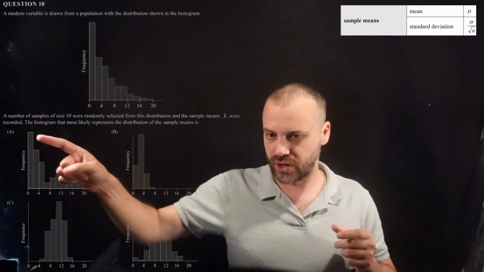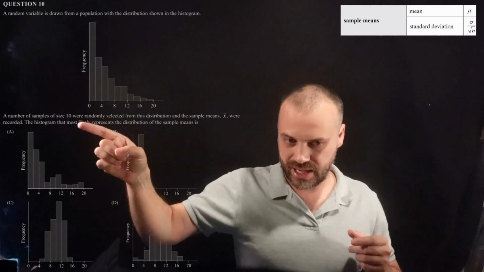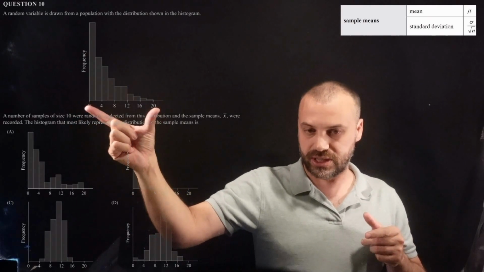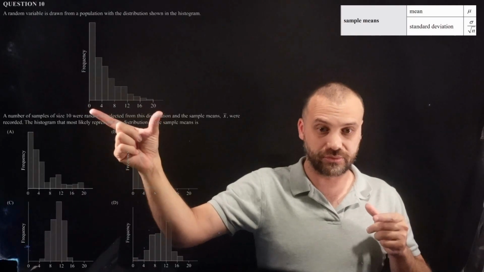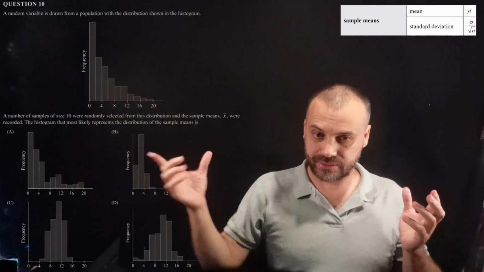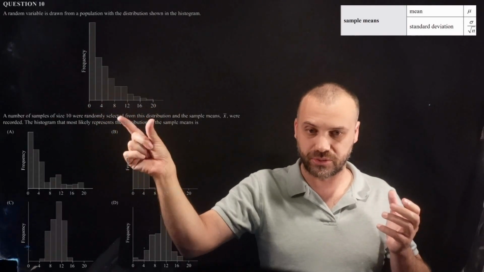In this case, divided by the square root of 10, which is about 3. So if I divide this distribution by 3, it's going to shrink down to about 7 from end to end.